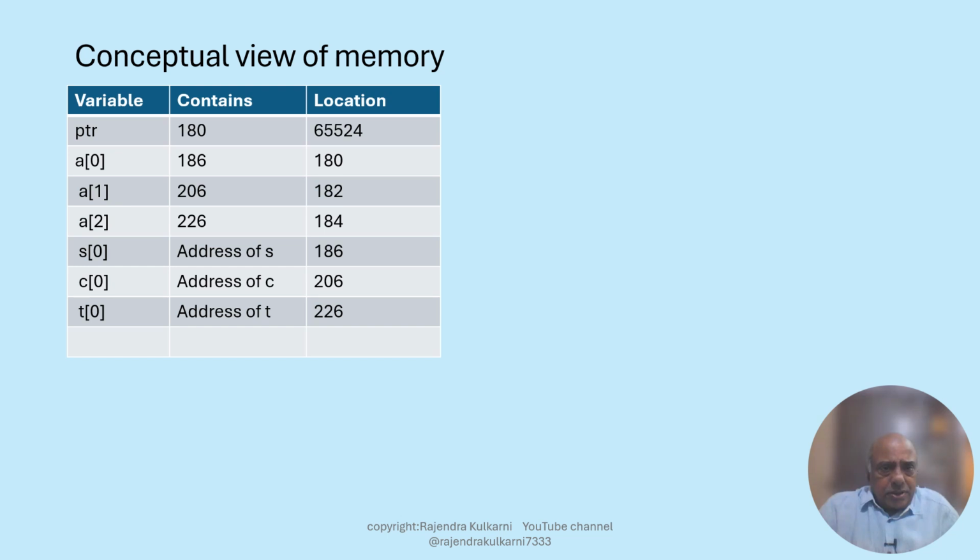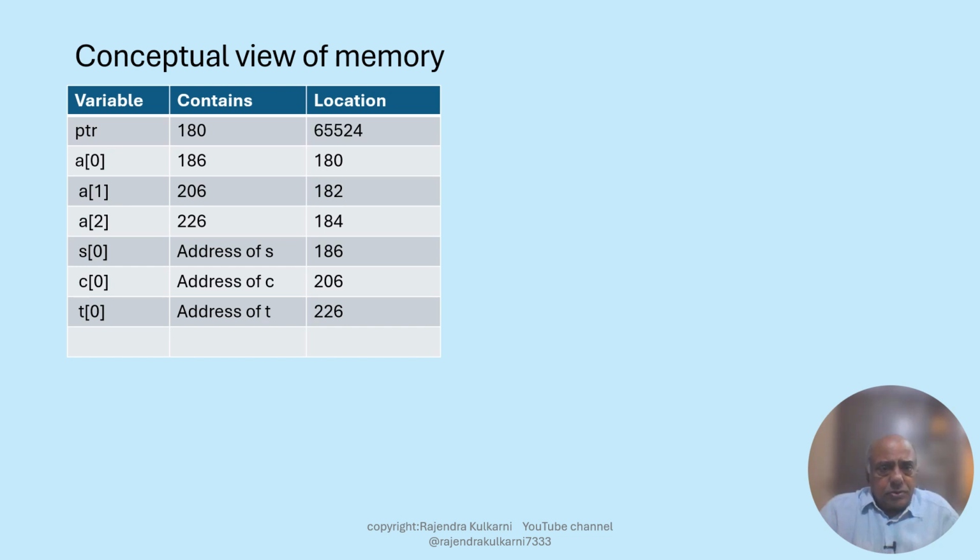In location 180, the value stored is 186. In location 182, which is the address of A1, the value stored is 206, and at location 184, the value stored is 226, and 184 is the address of the third element of pointer array A. What does 186 point to?